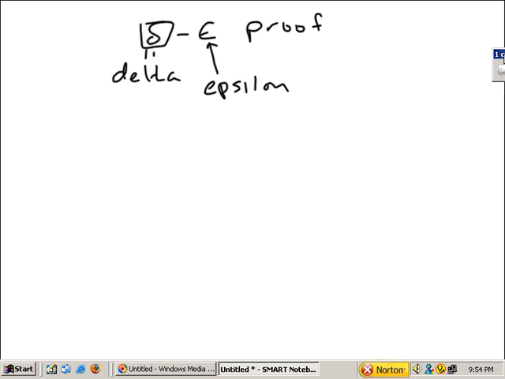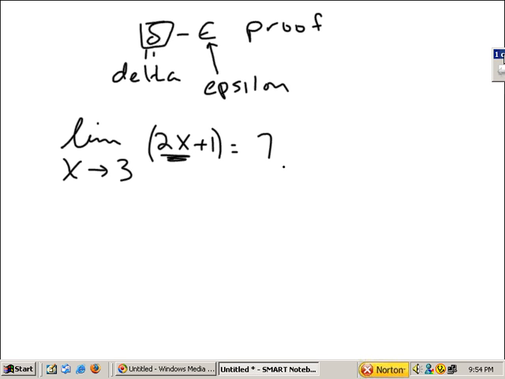Now, basically, when we said the limit as x goes to 3 of 2x plus 1 is 7, because when I let x be 3, I get 6 plus 1 is 7, that's a little bit hand-waving. Why can't we say, for example, instead, the limit is 6.999999483?